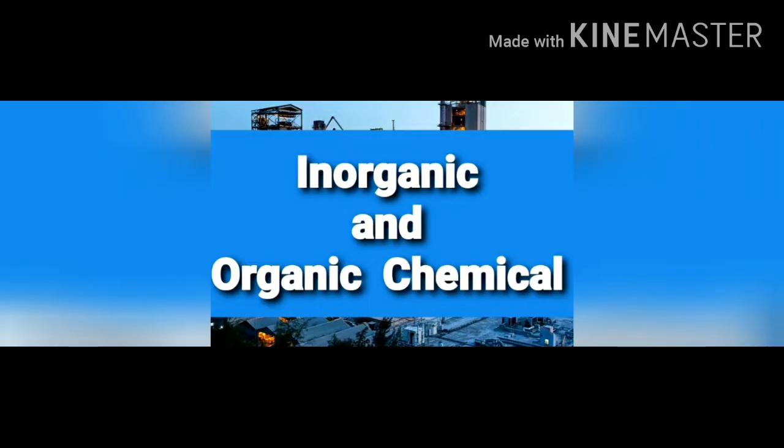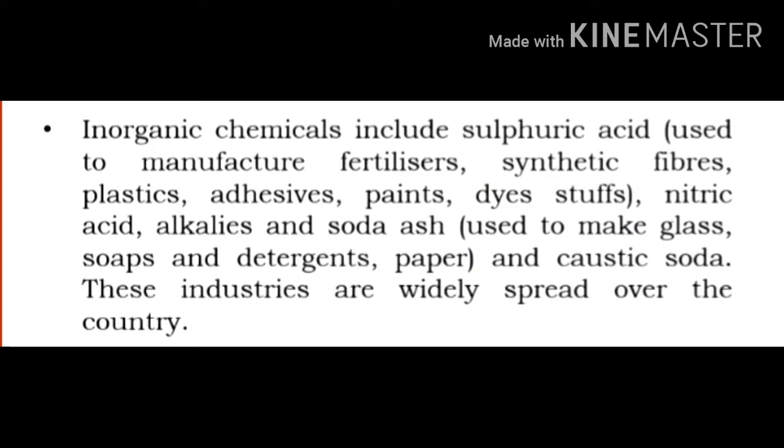Inorganic and organic chemicals. Inorganic chemicals include sulphuric acid used to manufacture fertilizers, synthetic fibres, plastics, adhesives, paints, dyestuffs, nitric acid, alkalies, and soda ash used to make glass, soaps, and detergents, paper, and caustic soda.